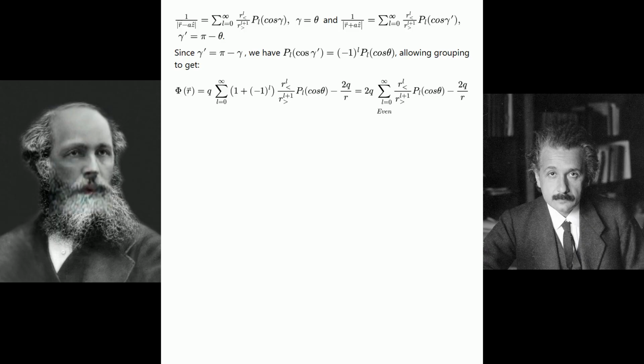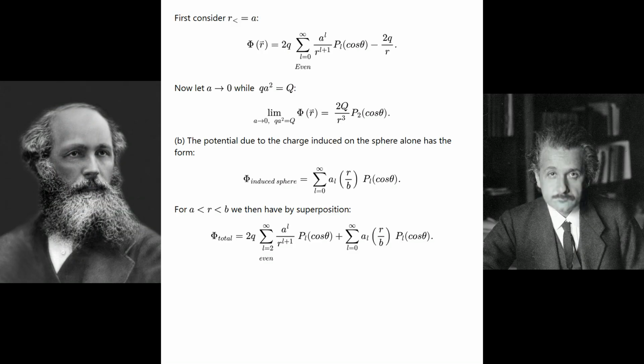Since gamma prime equals pi minus gamma, we have P sub L of cos gamma prime equals -1 to the Lth power times P sub L of cos theta, allowing grouping to get, see the equation.